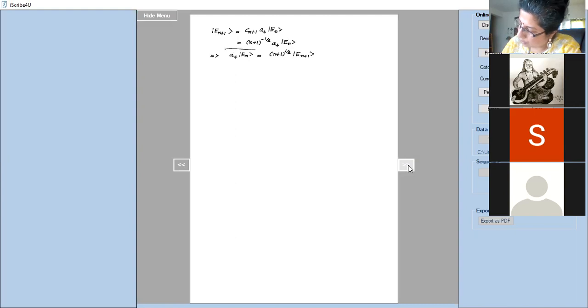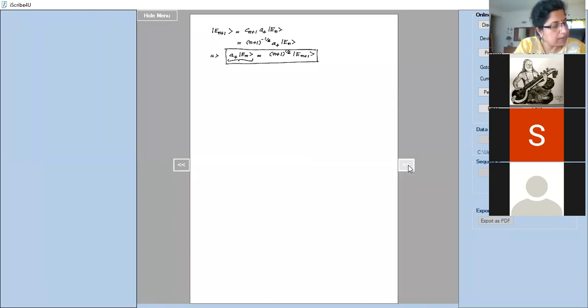This will ensure that your En plus 1 will also be normalized, if you define your raising operation like this. Okay, this is what it shows.